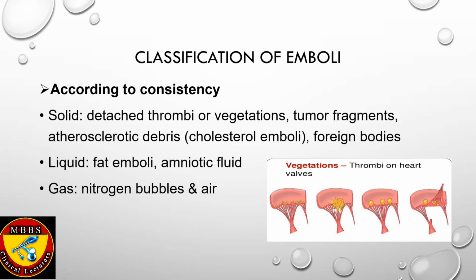Sometimes these vegetations are infected by different organisms like Staphylococcus aureus or Streptococcus viridans in bacterial endocarditis, so they can become infected emboli as well. Then solid emboli can be detached from a tumor. They can be cholesterol emboli, which can be detached from atherosclerotic debris.